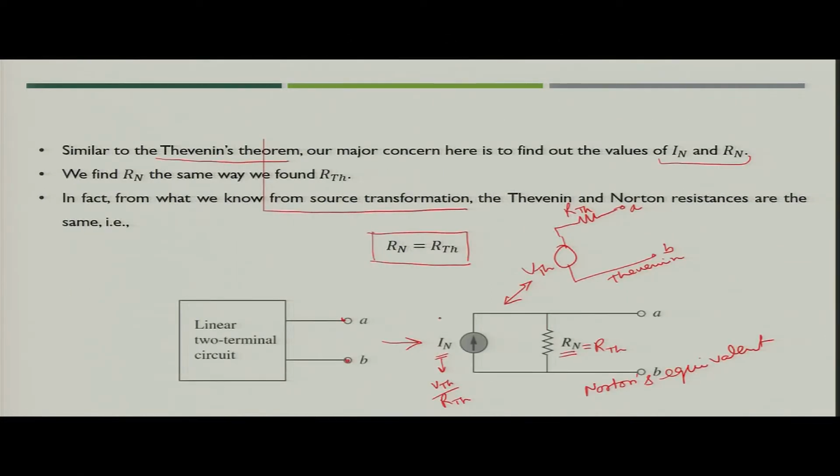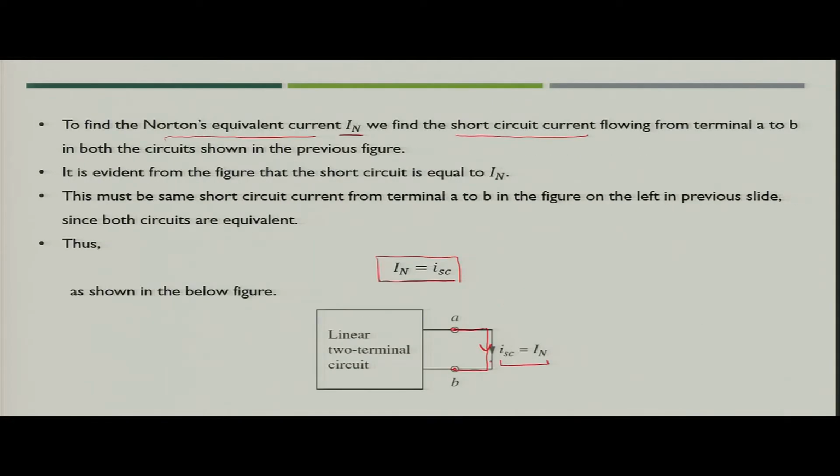In the Norton's equivalent circuit, if you short circuit A and B, the current flowing through the short circuit between A B is nothing but I_N. Because of the short circuit, R_N is not a significant component, as it is short circuited. So I_N is the short circuit current. That is why, when we short circuit the terminals, the Norton's current is the short circuit current.